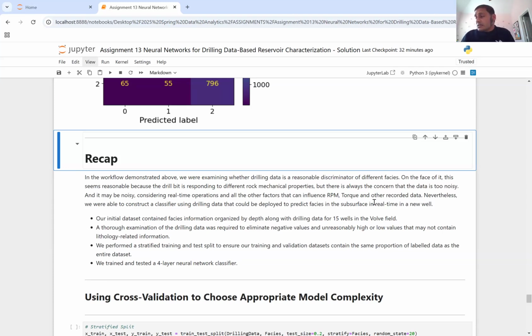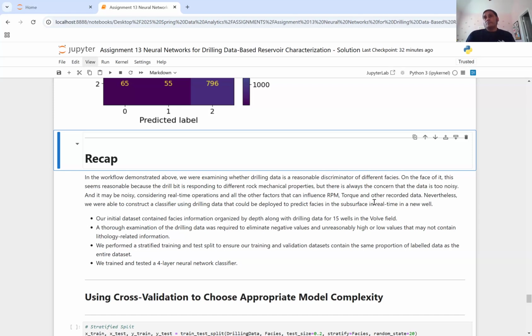And while this is a reasonable workflow, this is not typically what we do. What we do instead is we try 3 or 4 or 5 or 6 neural network architectures, and we apply them to our data set and we see which one is the best. So far, what we did was I chose 4 layers and I specified how many neurons are present in each layer.